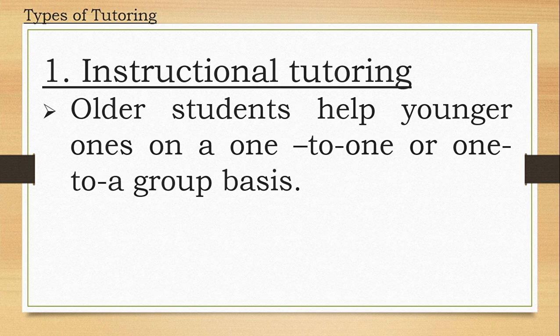Why is this so? Simply put, older students are more experienced and have more knowledge compared to the younger ones, so they can share this knowledge with the younger ones. And according to an article I've read in the Dole Academy, instructional tutoring follows a written, flexible plan.